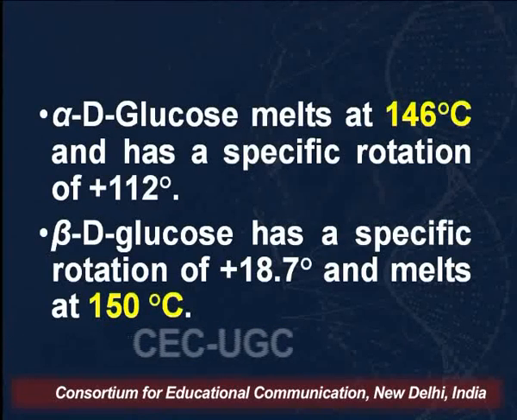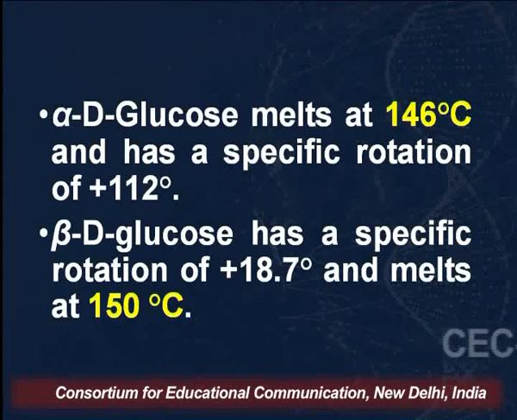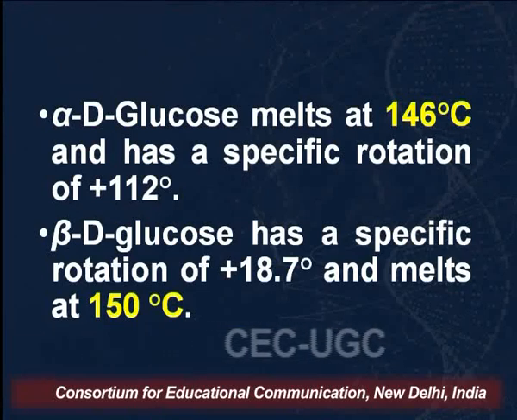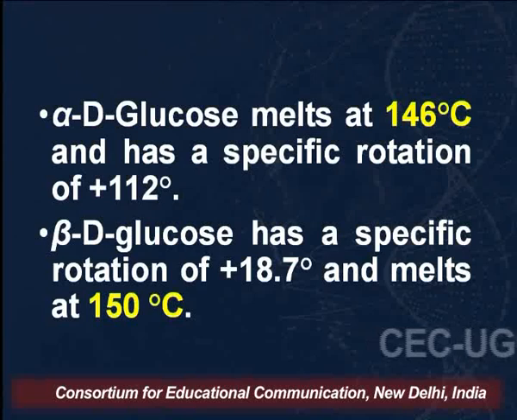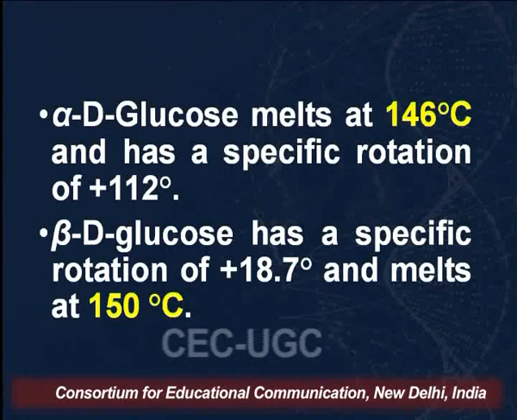So what we find is that the normal glucose that we have, that is alpha D glucose, crystallizes out from cold water, and its melting point is 146 degrees Celsius and the specific rotation is 112 degrees.